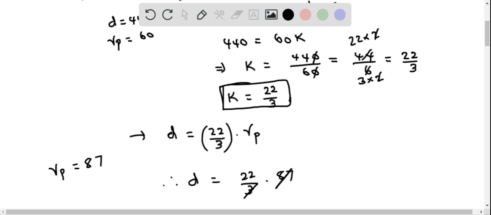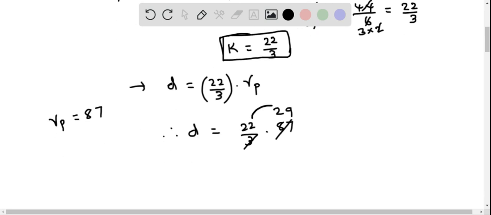We do this cancellation, and 87 divided by 3 is 29. Then we multiply 22 with 29, which is equal to 638. So the distance is 638, and the unit is feet.